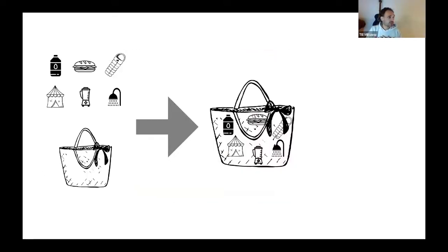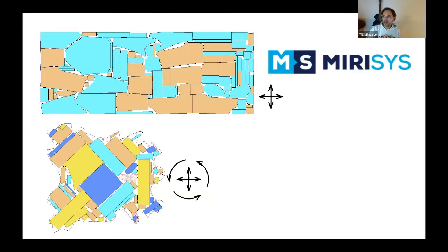Okay, so this is the problem we want to study today. We are given a bunch of items and we are given a container and we want to put all the items into the container. This is also a very practically relevant question. For instance, if you look at factories where they cut out patterns to make sweaters, you would have this big piece of fabric and you would arrange the patterns so that you have as little waste as possible.